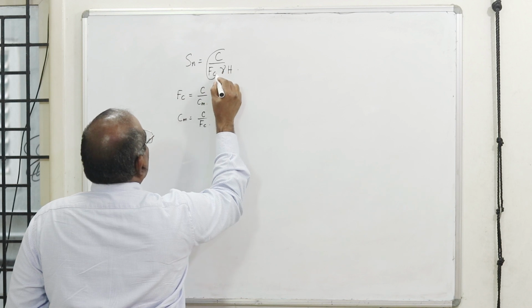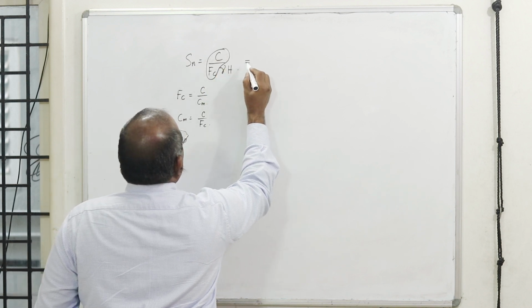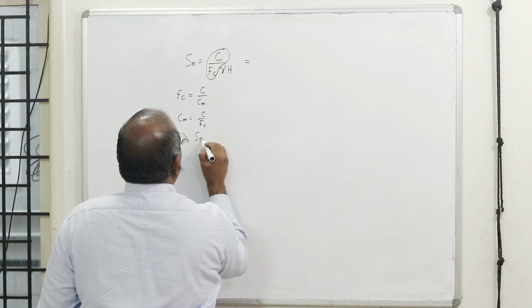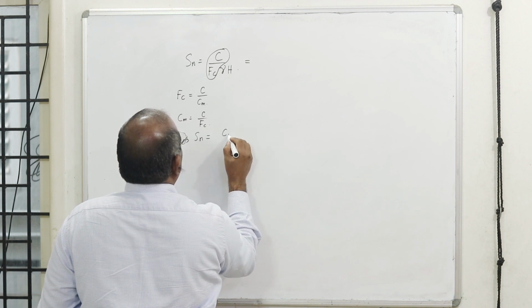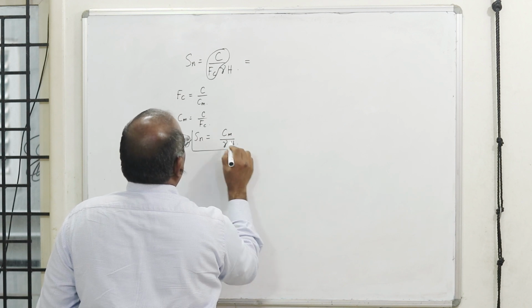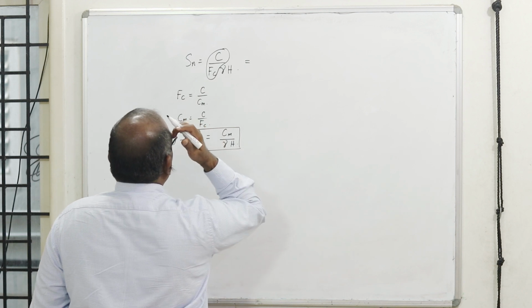Therefore, I get stability number is equal to Cm by gamma h. This is one way of expressing.